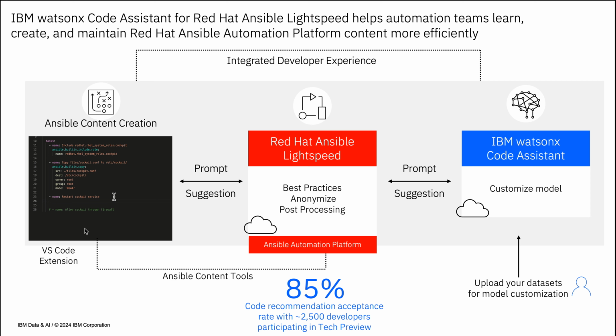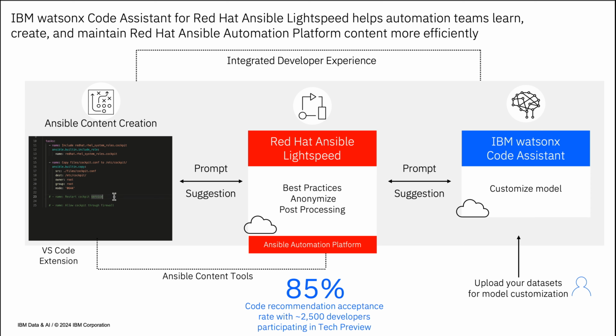Competing solutions like GitHub Copilot try to do a similar workflow. Some of the strong sides of this code assistant is, of course, a rich library of training data from Red Hat Ansible Galaxy through the Lightspeed integration, the transparency in training data of the Granite family of foundation models, and IBM's code assistant.